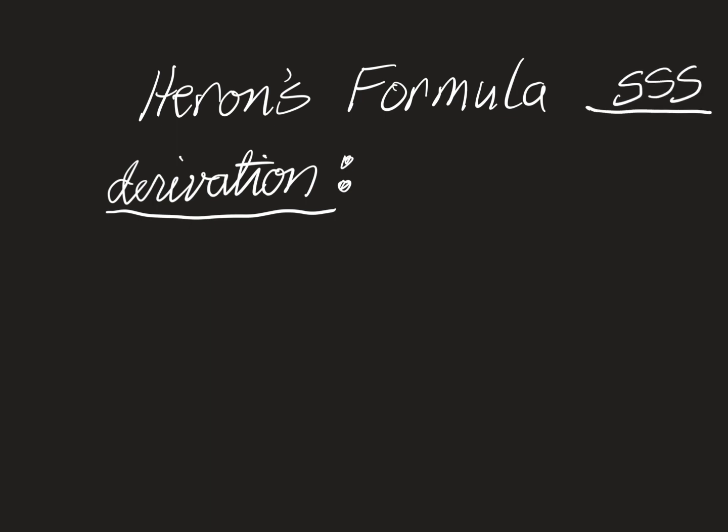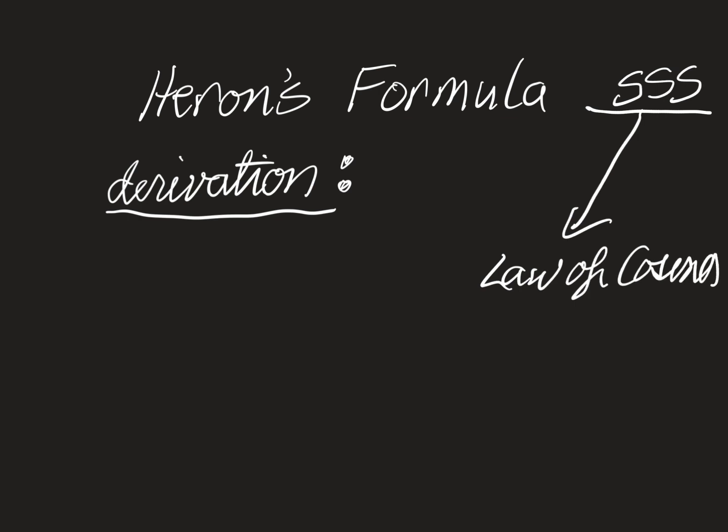Yesterday, I did the side-side-side case by using the law of cosines, where I would use the law of cosines to find one angle, and then once we found that angle, we could find the height by making a right triangle, and from there, once we had the height, we already would have a base, and we could then find the area.